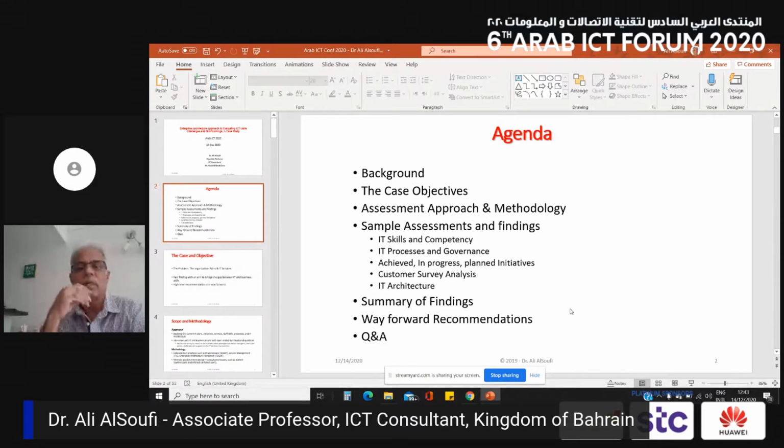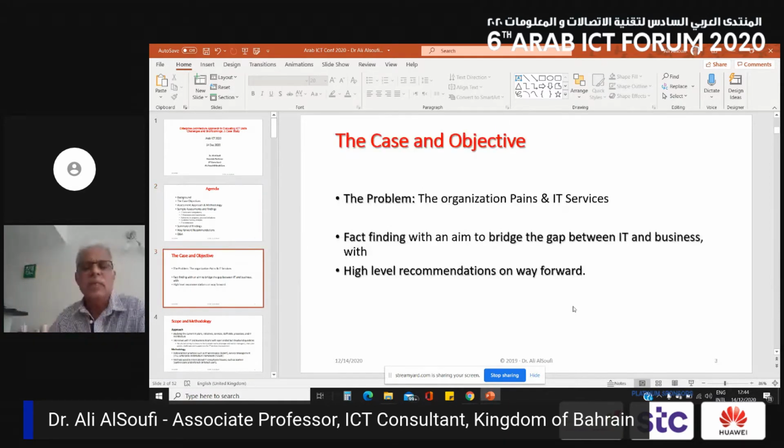I made it so easy and simple, even for executive management to understand when I present it to them. It also has a lot of details beneath it, which technical people would understand. And I will close it with a summary of findings and some recommendations.